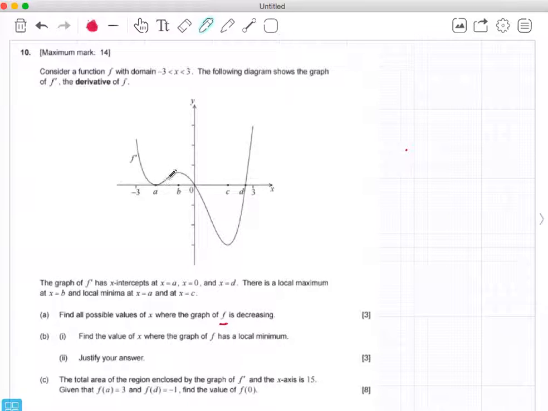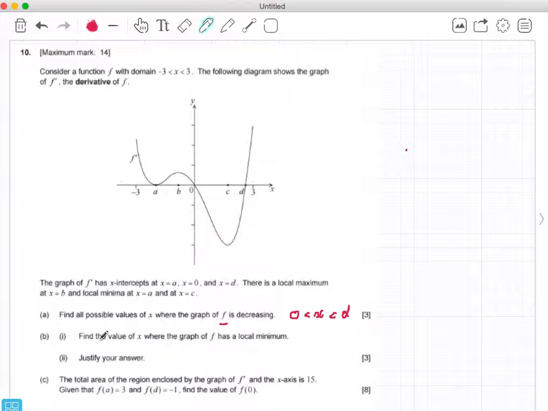It's increasing, it's increasing, it's increasing, it's increasing. But here, where f'(x) is below the x-axis, f is decreasing because this indicates a negative gradient for the function that's being differentiated. So for this one, I'm going to say it's from 0 up to D, but not D itself.